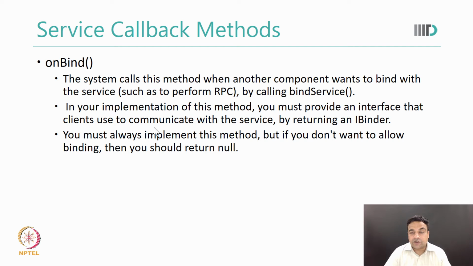In your implementation of this method, you must provide an interface that clients use to communicate with the service by returning an IBinder. You must also implement this method, but if you don't want to allow binding, then you should return null. So we always implement onBind. If you want a bound service, we return the correct type, otherwise we just return null.